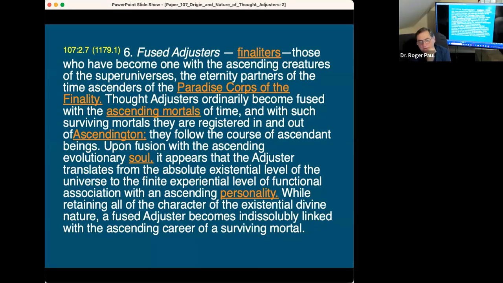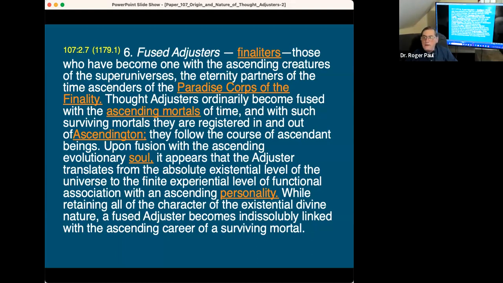So anyway, the fused adjuster is never separated again from the human being, and that's why we're part of the Corps of the Finality. Never again do we separate from this adjuster. So what does that mean to us individually?